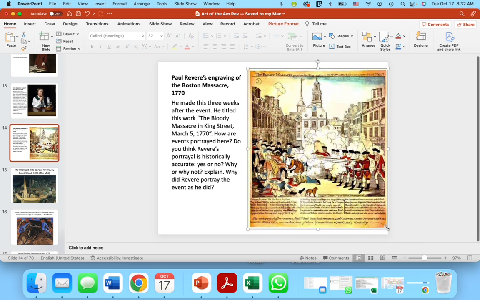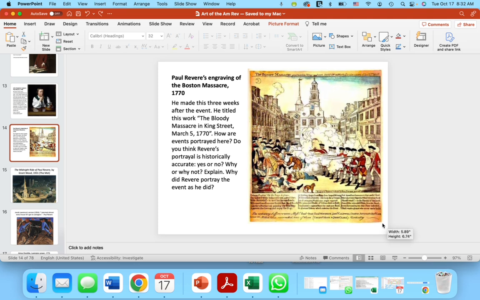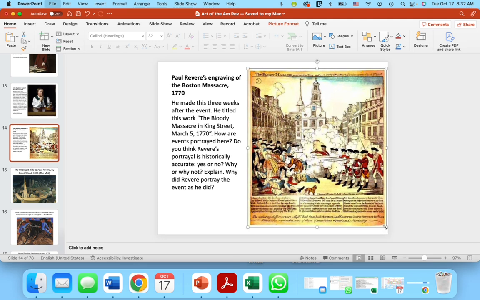That's 1768. Let's jump 2 years, and this is Paul Revere's engraving of the Boston Massacre, which is in 1770. And this is basically a piece of propaganda. Okay, so here you have the British firing on the colonists who seem totally innocent, when in real life we have documents that say the colonists were throwing rocks, ice, garbage, bottles, that sort of thing.